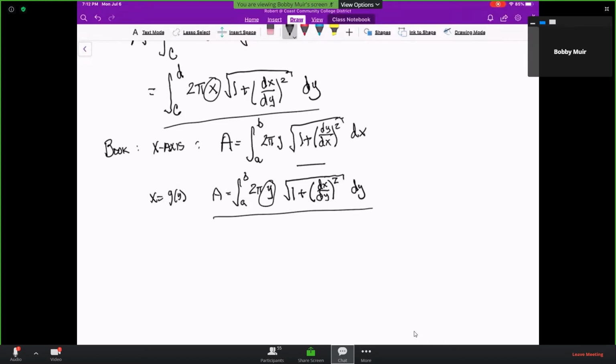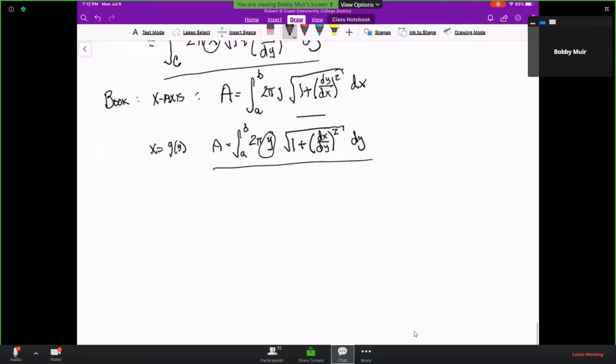They used this book, or at least Stewart. And so I thought that this was a misprint, but it's not. So what this is saying here is this. Recall that the ds, the differential element of arc length, could be expressed like this.